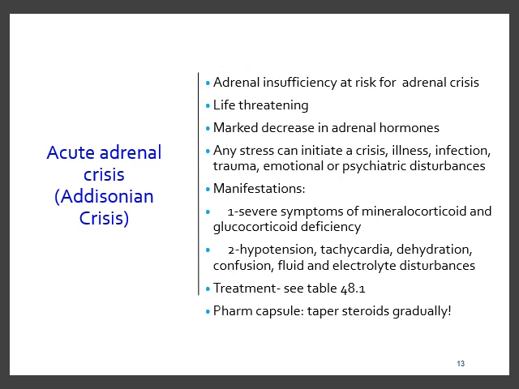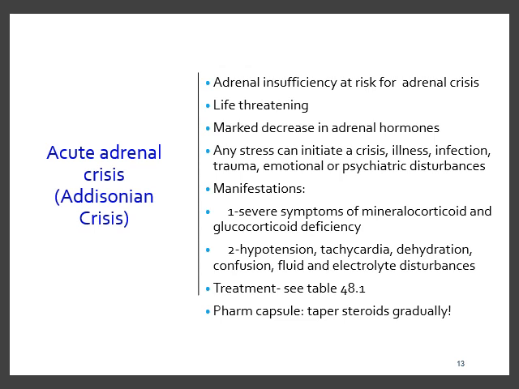So you need to remember that. Then some manifestations of the Addisonian crisis: severe symptoms of mineralocorticoid and glucocorticoid deficiency. Those would be hypotension, tachycardia, dehydration, confusion, fluid and electrolyte disturbances.